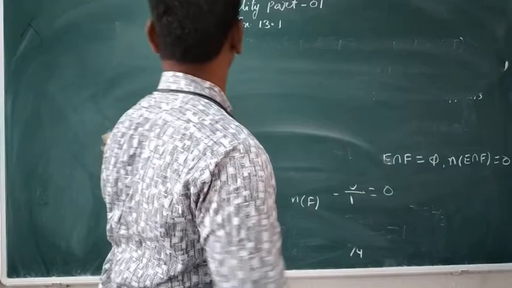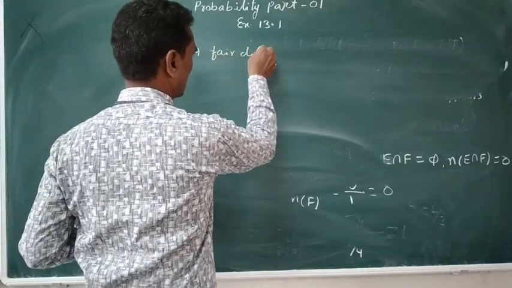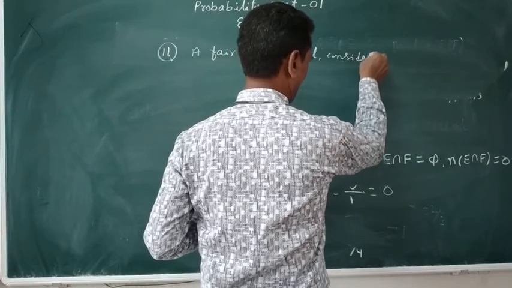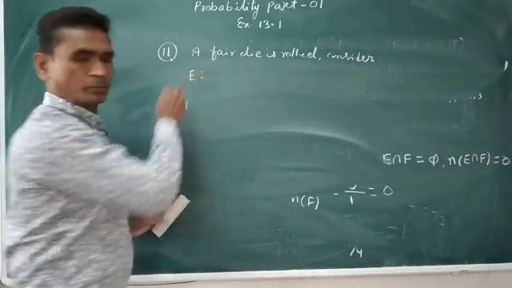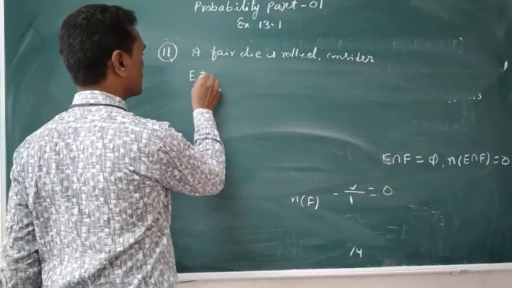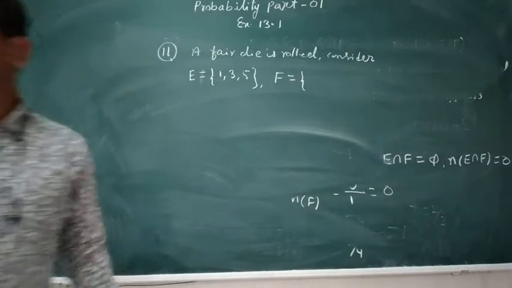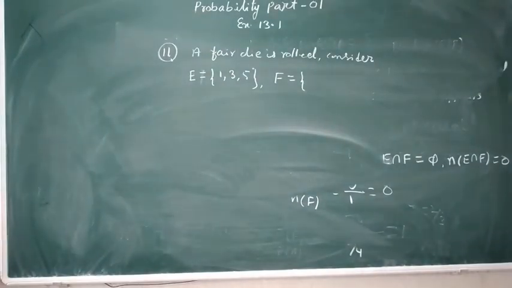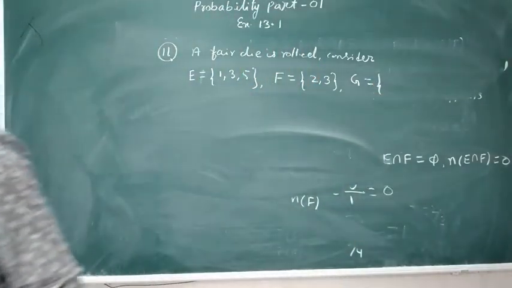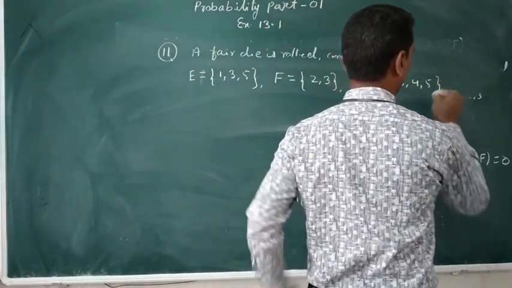Consider the events: E is 1, 3, 5, and F is 2, 3, and G is 2, 3, 4, and 5.